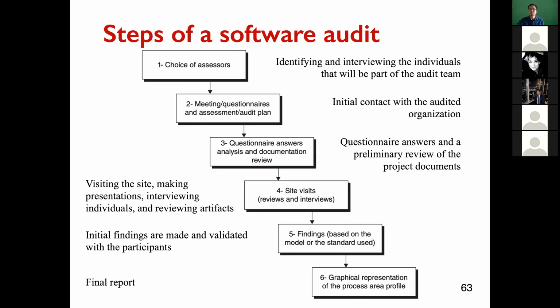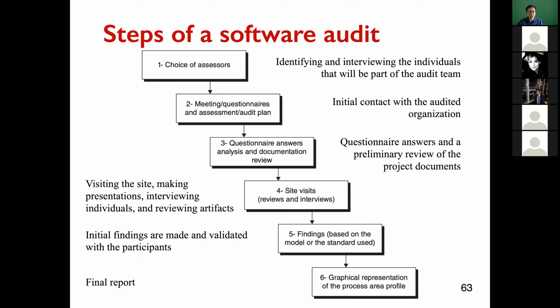This process is conducted by an independent party. The first step is to select assessors. They need to select a group of experts to assess whether our software development process follows the standard. They need to find and interview those experts. That's the choice of assessors.